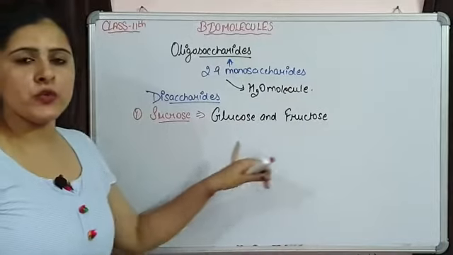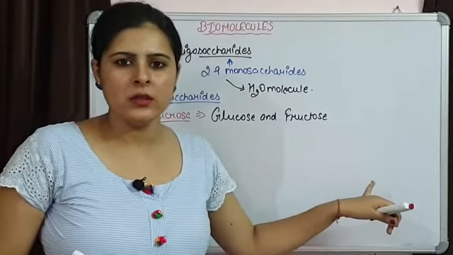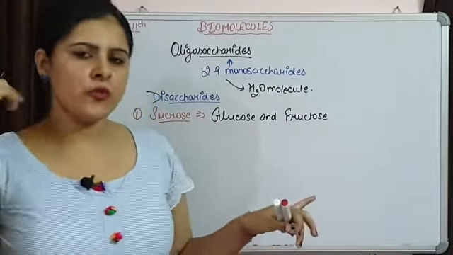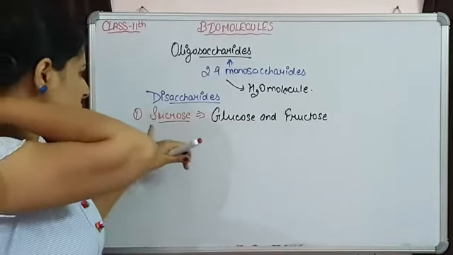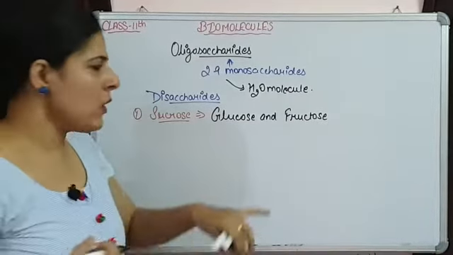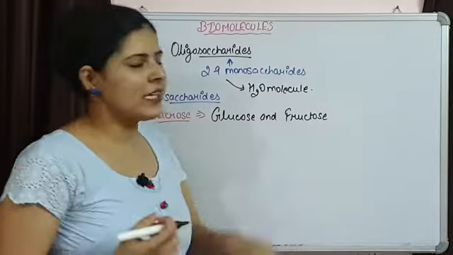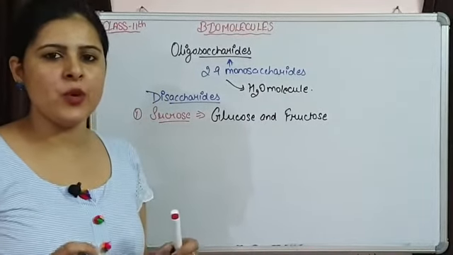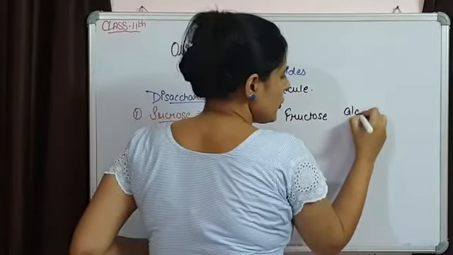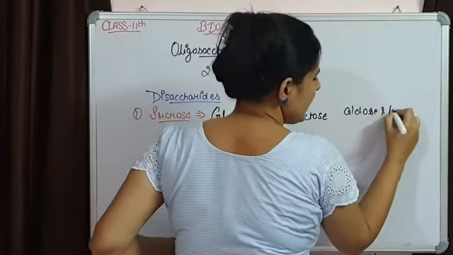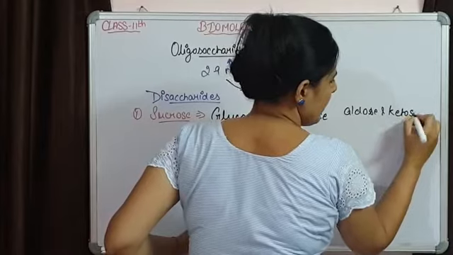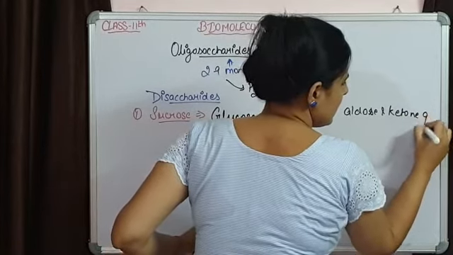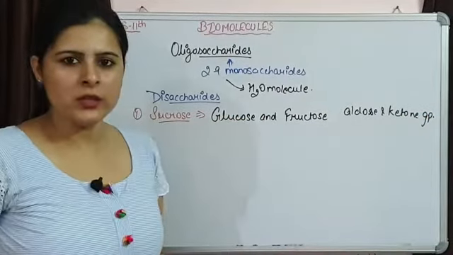They are going to form a glycosidic bond, and because of the formation of the glycosidic bond, sucrose is going to be formed. In this glycosidic bond, both the aldose group and the ketose group are involved.